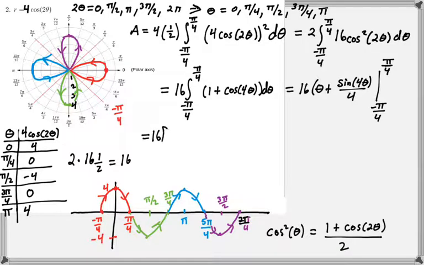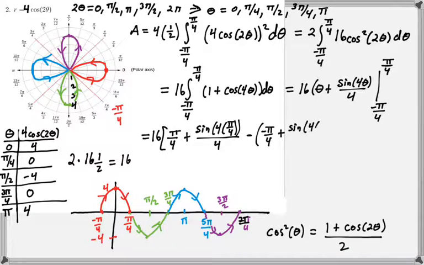So we have 16 times pi over 4 plus the sine of 4 times pi over 4 over 4 minus the quantity negative pi over 4 plus the sine of 4 times negative pi over 4, and then that's divided by 4. So it's going to be 16 times pi over 4.